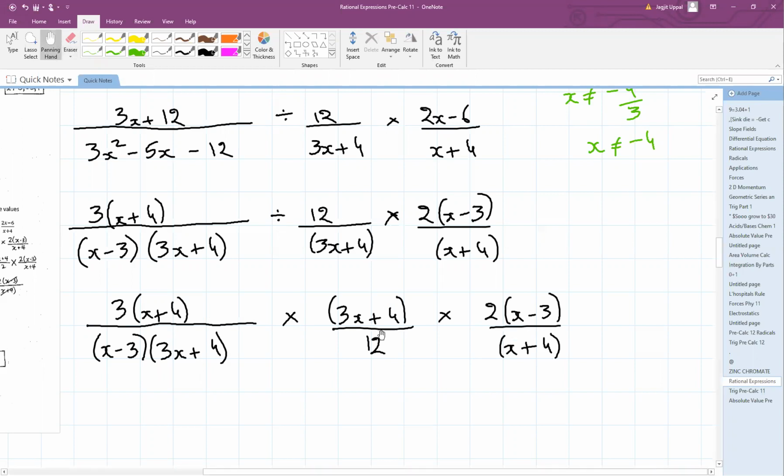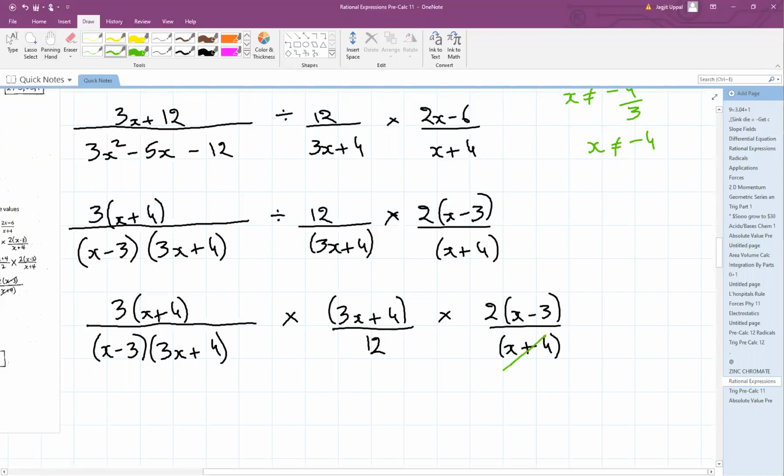Okay, now, because we flipped this guy, a new guy came to the bottom, but do I have any non-permissible for this? That's just a number, right? So we don't really have any non-permissible for that. So that's fine. And now we can start canceling.